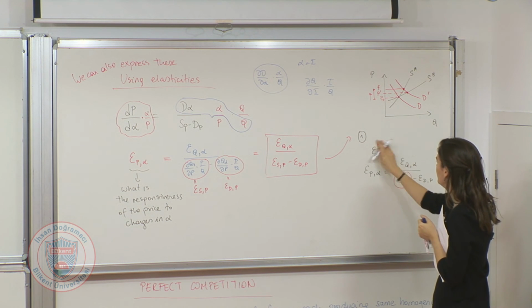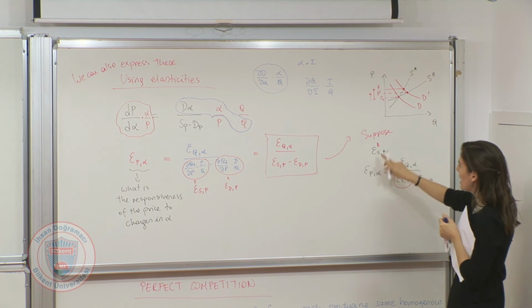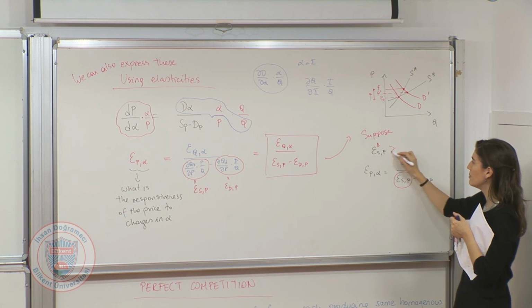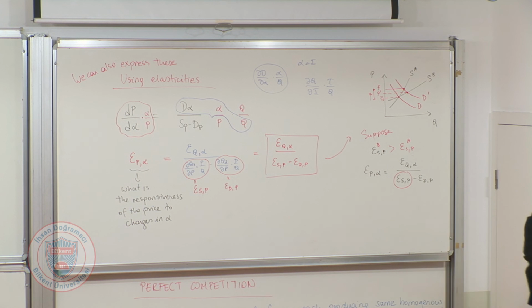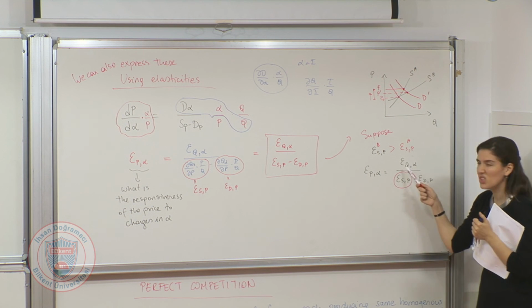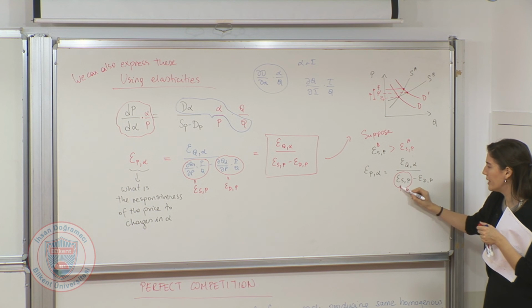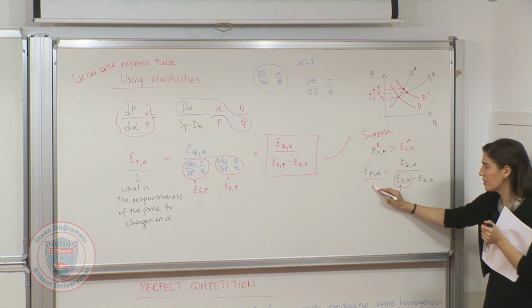So let's be proper, let's not say case 1. This is what we said: the supply elasticity of this B curve is more than the supply elasticity of this A curve, right? That we know. Now let's check. When there is a change in demand, for B this is going to be higher, so therefore this is going to be lower, right?